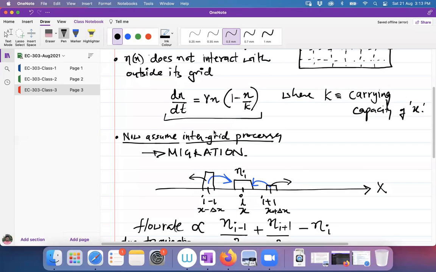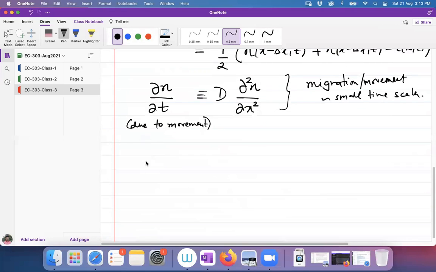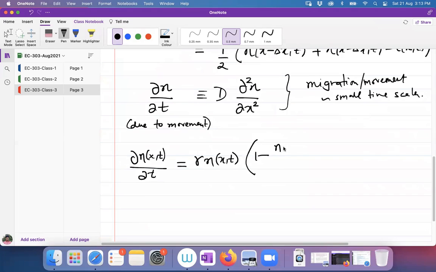If we assume that the two processes can be reconciled, what we can now write is basically for each grid, you can write down an equation like this. Partial derivative of n with respect to time. The first term captures basically the birth and death processes because of intraspecific competition for resources.